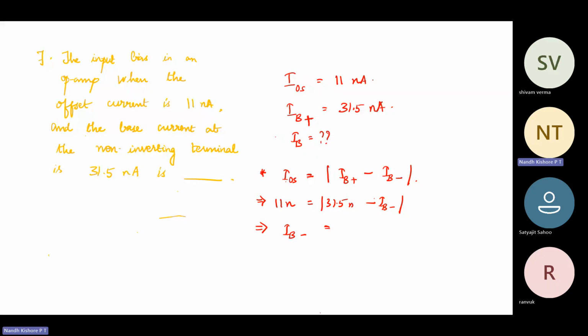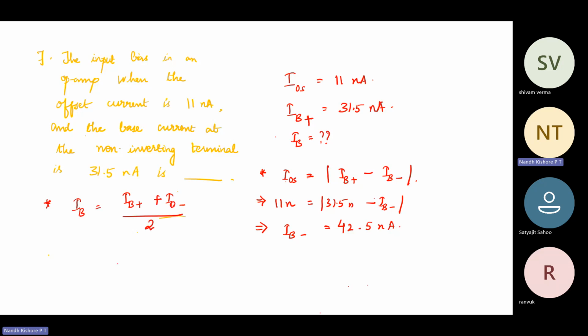There is a mod operation that's going on over here, so you'll be getting 42.5 nanoamperes. This is your IB minus. Now you got your IB plus, you got your IB minus. Therefore, your input bias current is what? Input bias current is IB plus plus IB minus by 2.